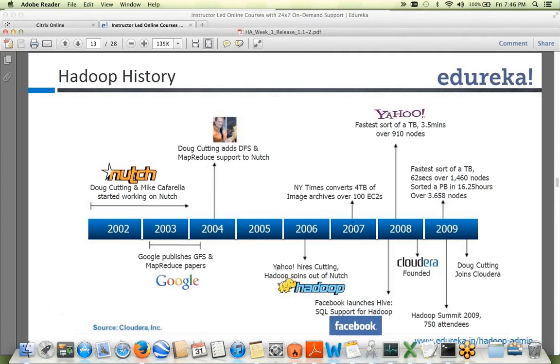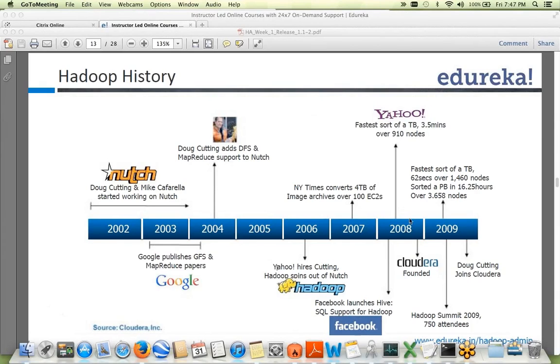Then in 2007, the New York Times converted 4 terabytes of image archives on EC2, and Facebook also launched Hive, which we will see is another tool on top of Hadoop, with SQL-based support for Hadoop. Then in 2008, Yahoo published numbers showing they were able to do a 1 terabyte sort in 3.5 minutes on their 900 node cluster.